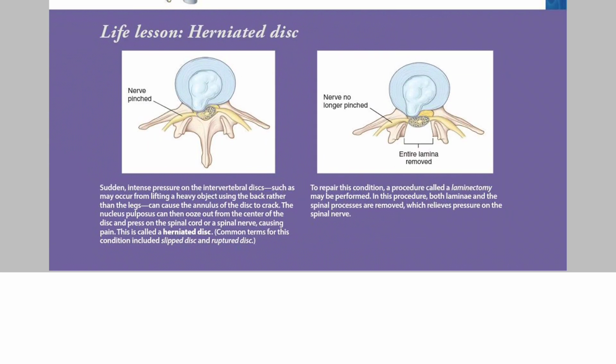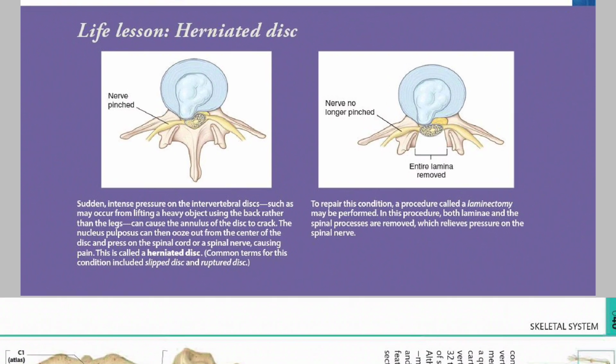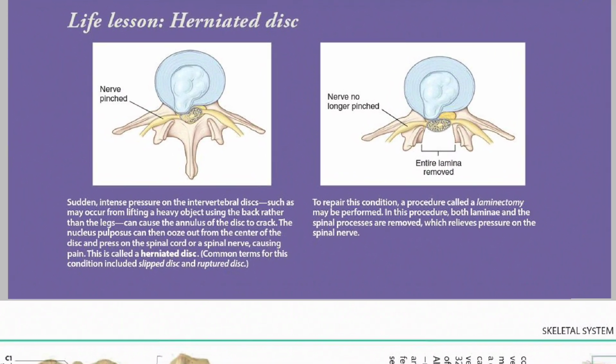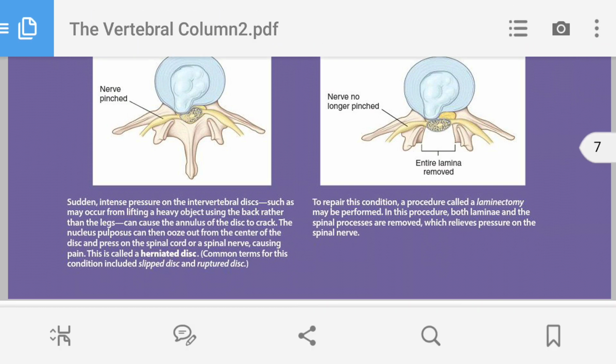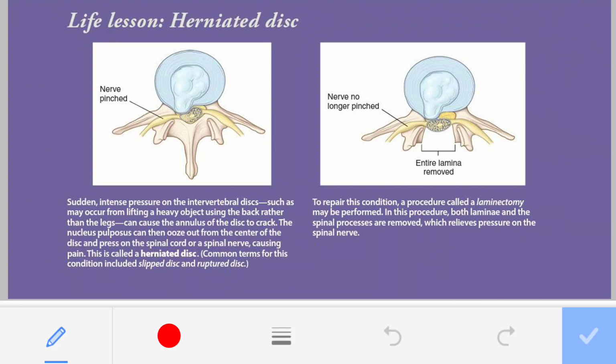Now, as you can see over here, this is also an important point, herniated disc. Now, what is happening here is that sometimes we get injuries. For example, a person experiences an accident, or his leg slips.